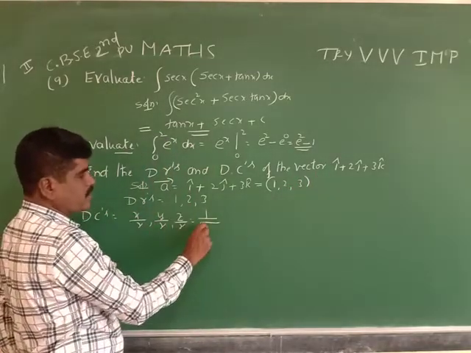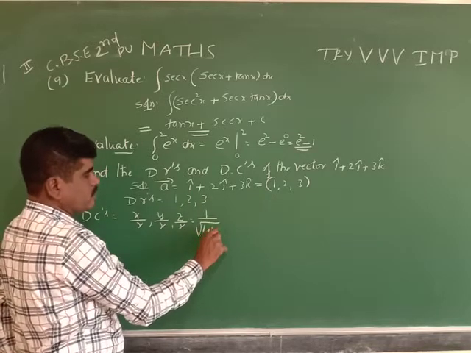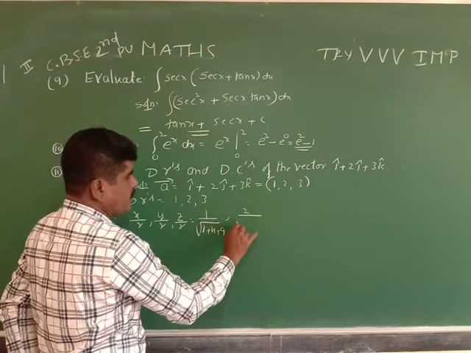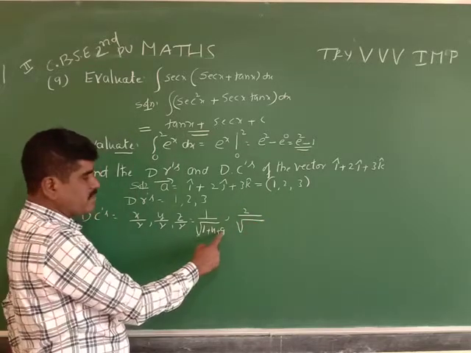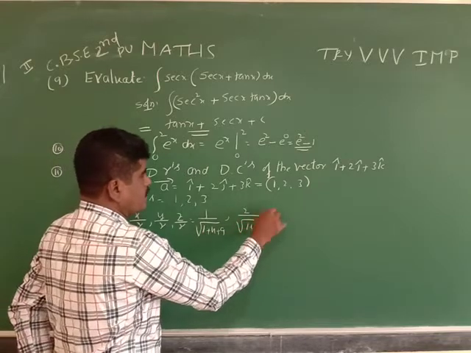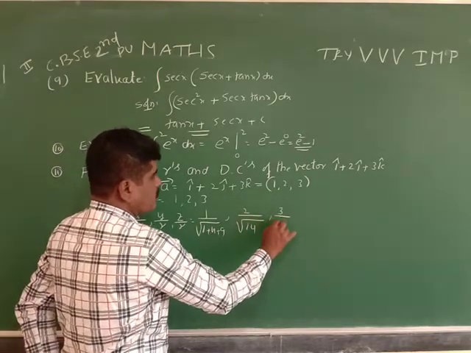Now what is the magnitude? Root of 1 plus 2 square 4 plus 3 square 9, 9 plus 4 plus 1 is 14, so root 14.